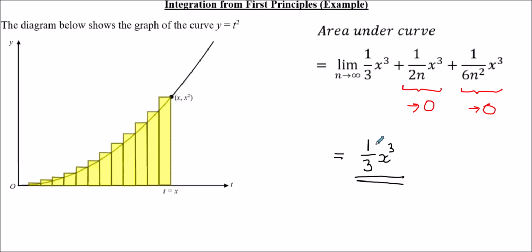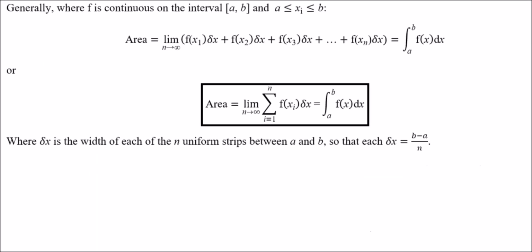So it does work, this integration. That's the area underneath the curve of y equals t squared from 0 to x. A few more things. So generally speaking, we did that from 0 to x, but generally, where f is continuous on an interval from a to b, continuous means differentiable everywhere, and we have these little elements, xi, where each xi is between a and b, we can consider the area being the limit as n goes towards infinity of the area of each individual element from x1 to x2 to x3 all the way up to the nth strip.